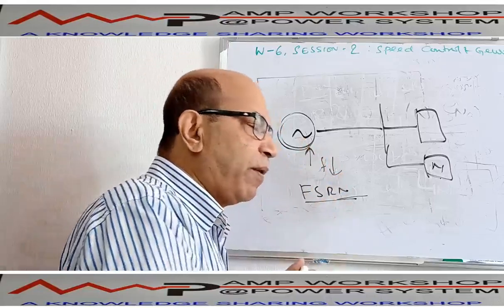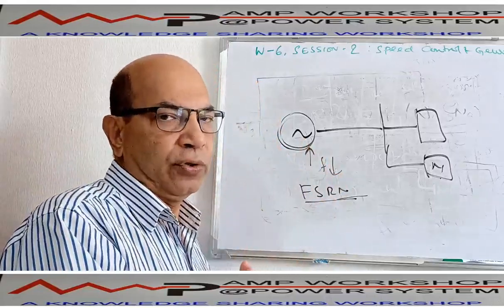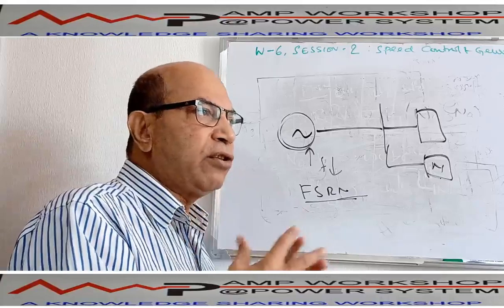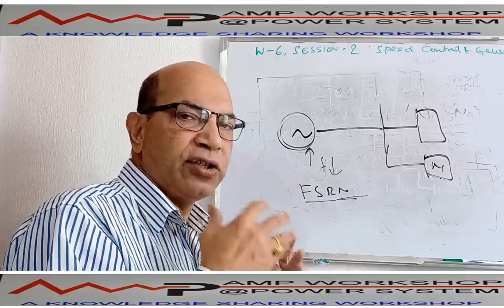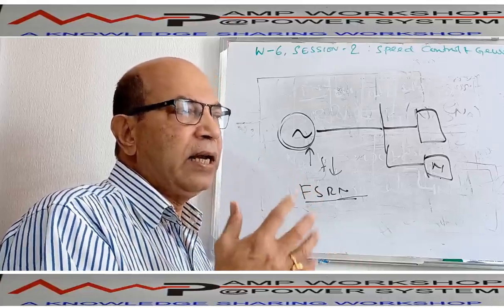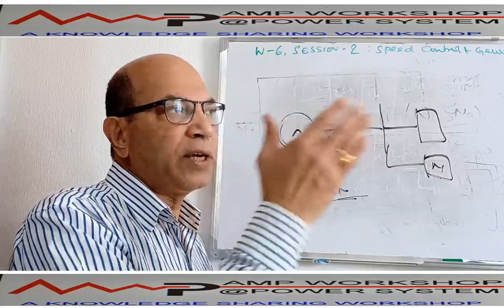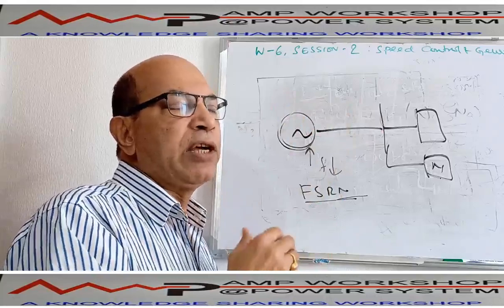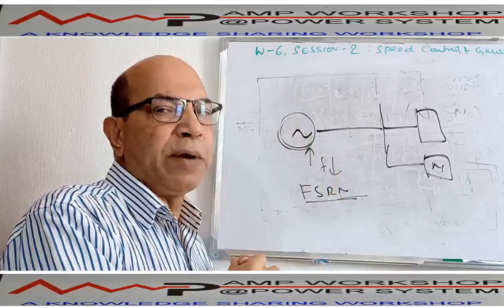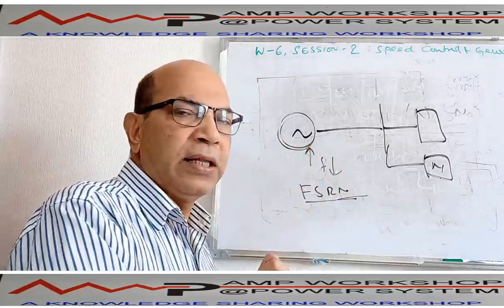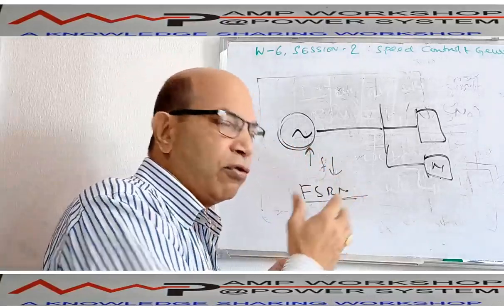So this mode of operation we call isochronous mode. That means in isochronous mode, though with the loading there is a change of frequency, practically you cannot observe that frequency change physically. It drops and instantly it picks up. If the operation is done that way, it is called isochronous operation.